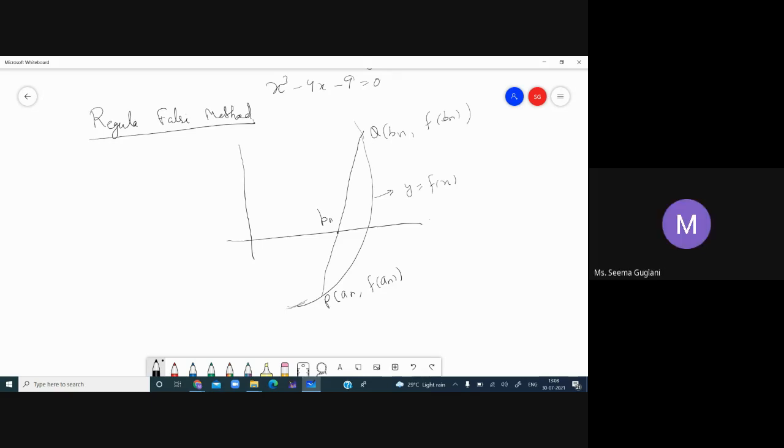So in the regular falsi method, you can see y is equal to f(x) is intersecting the x-axis at this point, which I have marked with the red pen. So this is the exact root of the equation f(x) is equal to 0. And Pn is an approximation to this root.